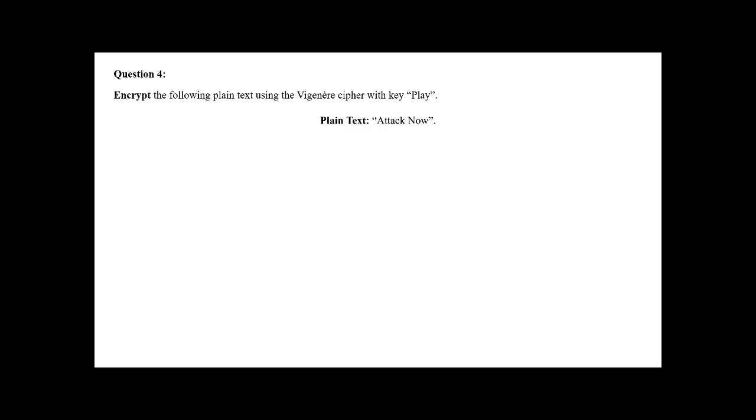So the first thing we need to do in order to start the encryption process is that we need to start writing the letters here in the plain text like that. A, T, T, A, C, K, N, O, W. And we start repeating the key here all through the letters in our plain text.